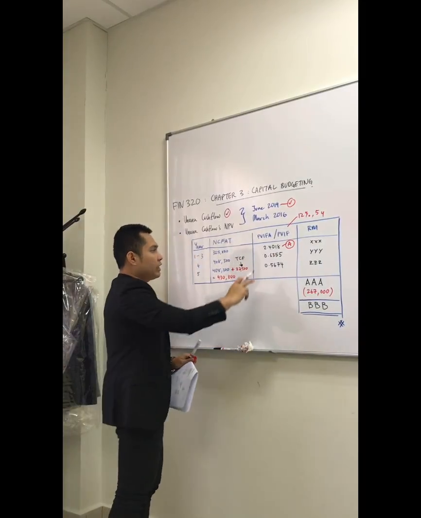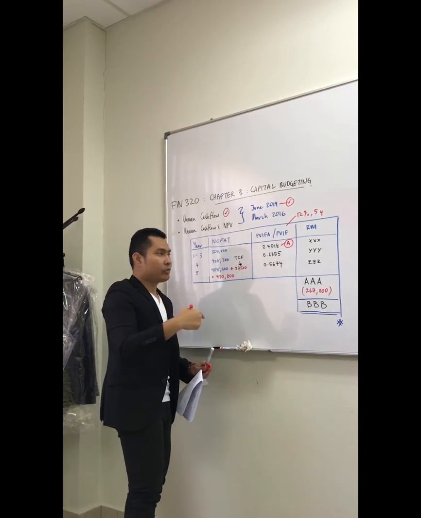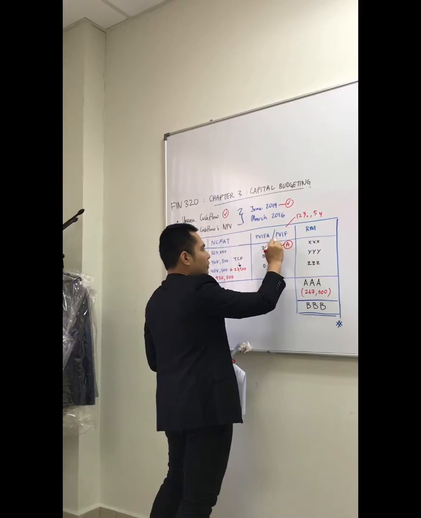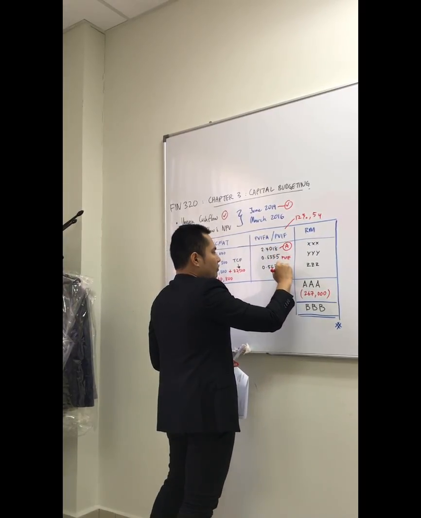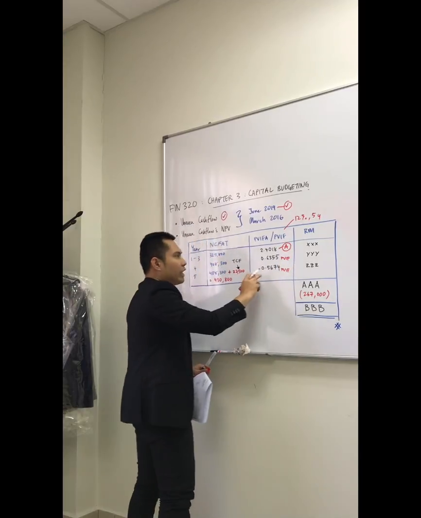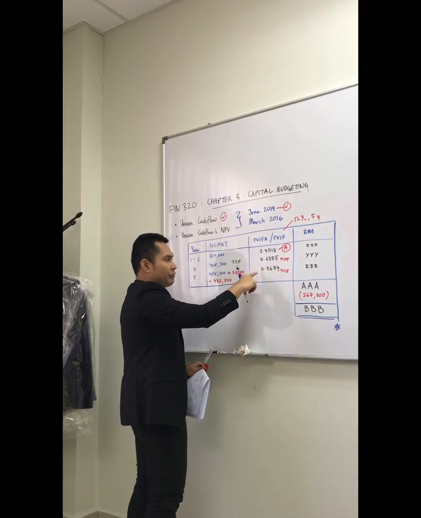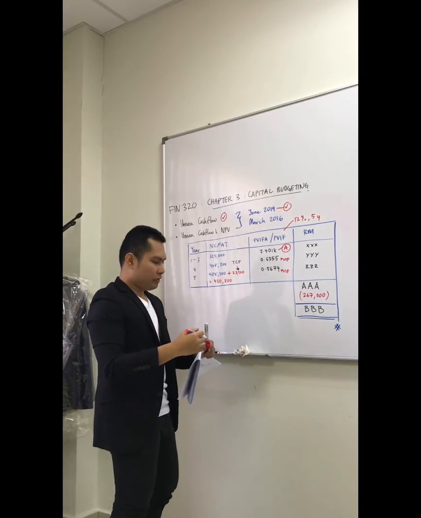Okay, and for these two, because it is a single year, year 4 and year 5, this is PVIF. So PVIF 12% for year 4 and then year 5. Look at the table, two different values.